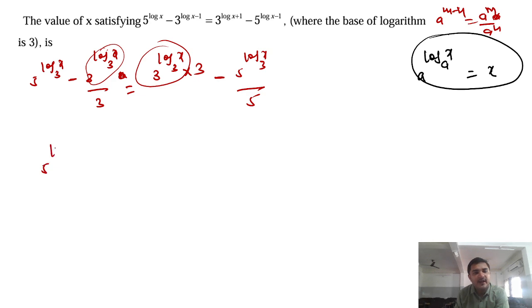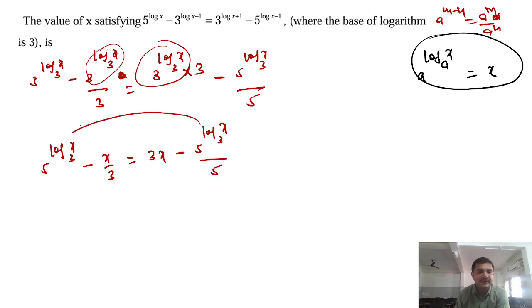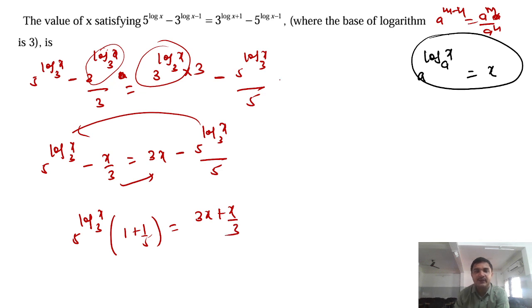What I'll be having, 5 power log x base 3 minus x by 3 is equal to 3x minus 5 power log x by 3 by 5. This I'm taking on the other side, for obvious reason. So in that case, 5 power log x base 3 is common out of it, we'll be getting 1 plus 1 by 5. On the other side, 3x plus x by 3. That is what we are going to get.